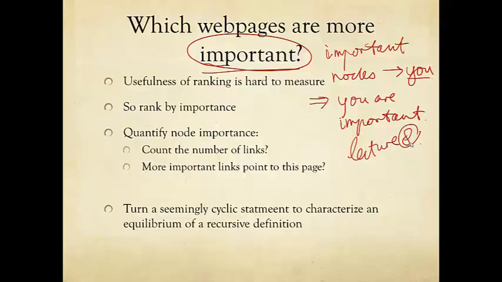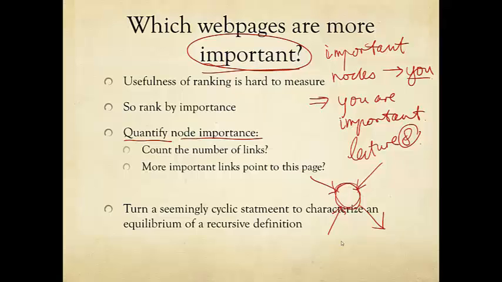Now, there are quite a few intuitions you can think about this. One is to say, well, you want to quantify node importance, right? So maybe I'll just count how many links this node has. Well, since this is a directed graph, where each link is a directed link, I'll just count how many links point into this node.